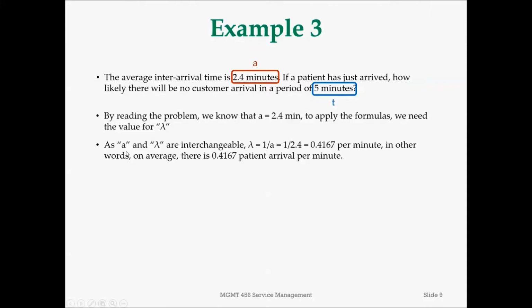So knowing A is equal to 2.4 minutes, we can convert it to lambda. Lambda is equal to 1 over A, so 1 over 2.4. We get 0.4167 per minute. So this is lambda. In other words, on average, we'll see 0.4167 patients per minute.